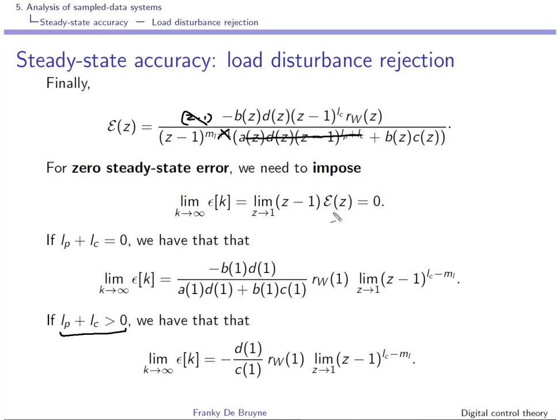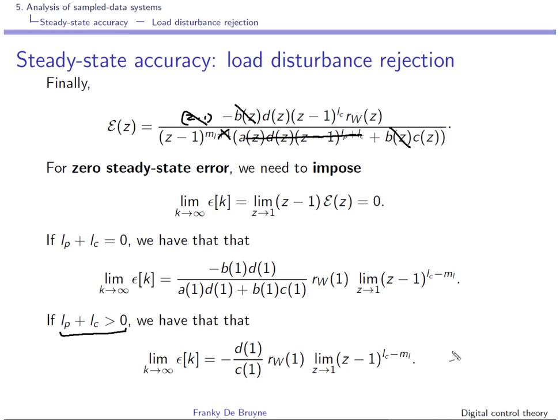So when we take the limit, we simply have to replace all the rest by z equal to 1, and for z minus 1 here, we have to take this limit and we'll have again LC minus ML.